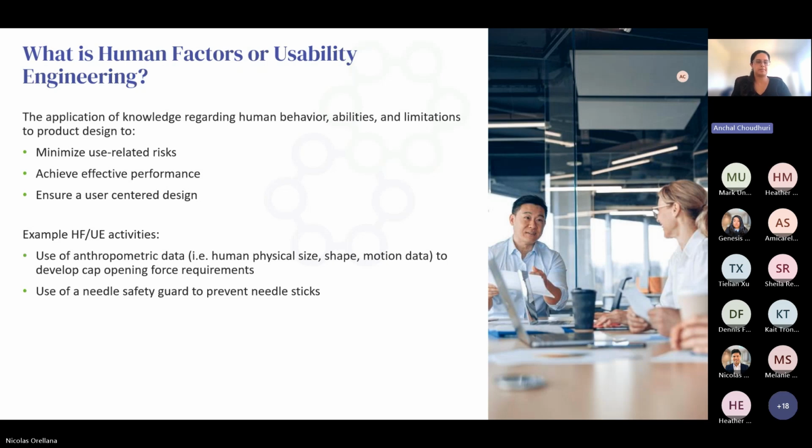So just some examples of human factors activities to give you more of a sense of what that definition means: you may use what's called anthropometric data, data about human dimensions or motion or strength, to develop product requirements, for example, a cap opening force requirement.